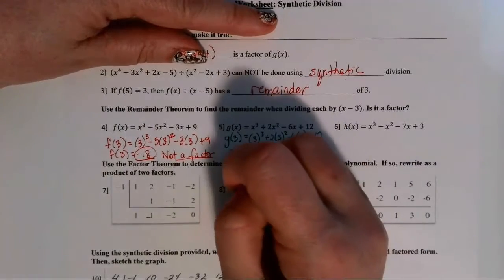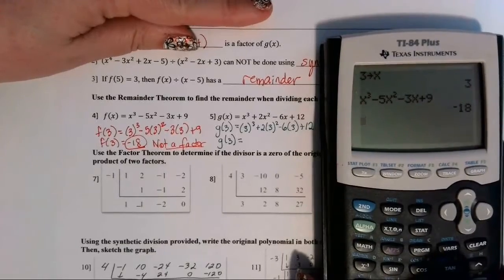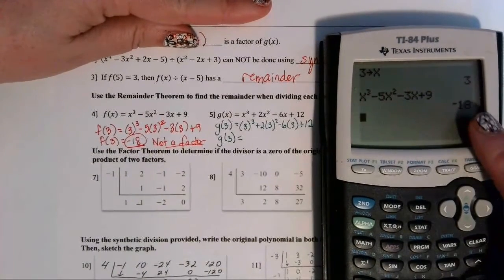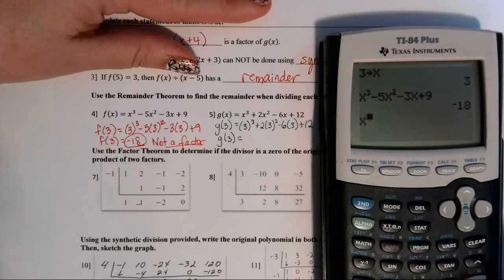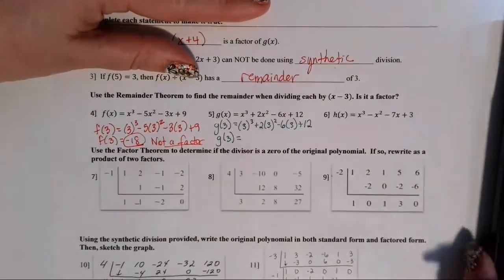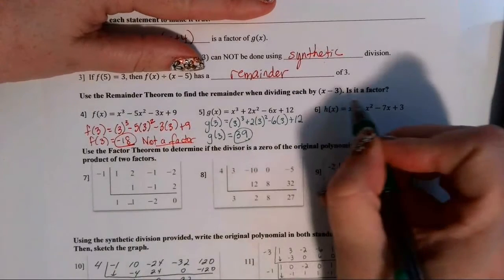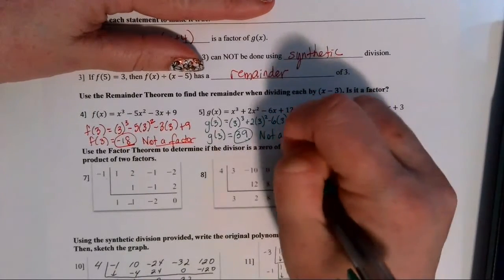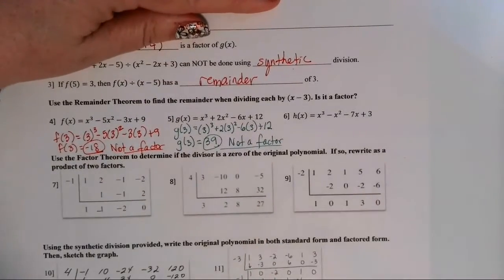Okay, and so when we put that into the calculator to evaluate, I already have 3 stored as my x, and so now all I need to do is type in that original polynomial here, x to the 3rd power plus 2x squared minus 6x plus 12 is 39. And that would be the remainder. So that means that x minus 3 is, again, not a factor, right? To be a factor, we would need a remainder of 0.